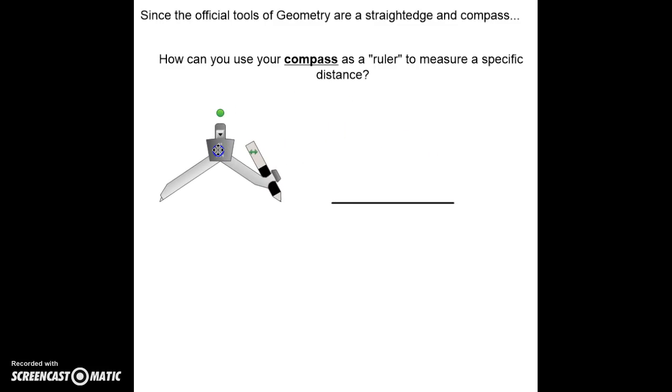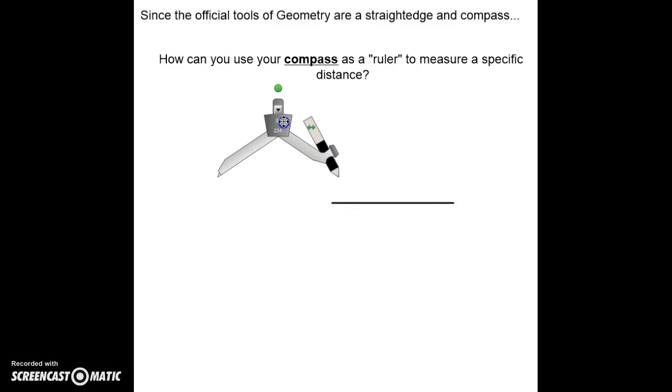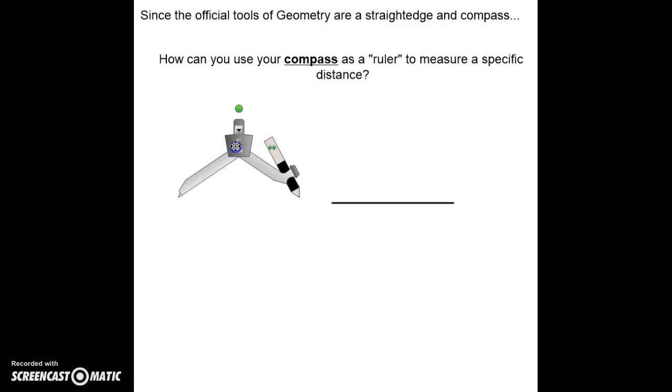And now this compass width is identical to the length that I have here. I don't exactly know the specific measurement in inches or centimeters, but I do have a duplicated width or length of that segment that I had before.